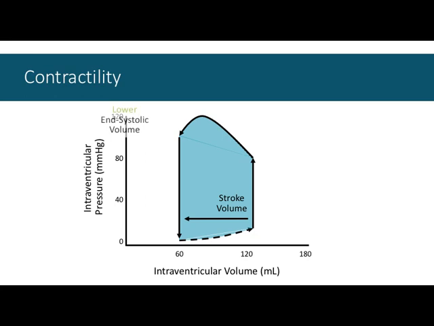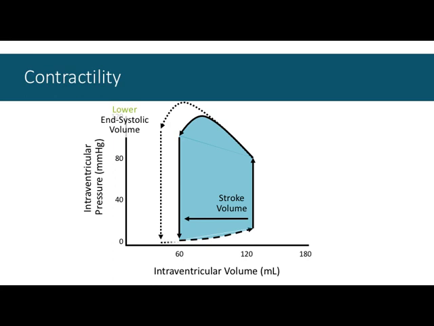But if the heart muscle is contracting more forcefully, generating more force and more pressure, one, we observe a higher systolic pressure, and we squeeze the ventricles more. More blood is ejected.